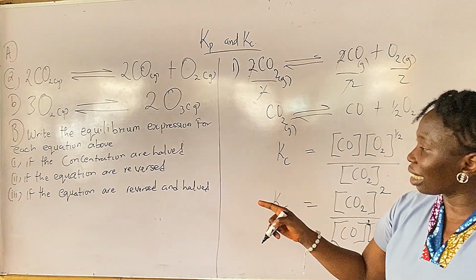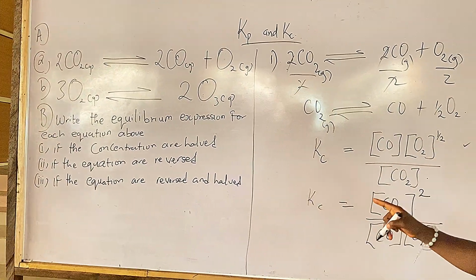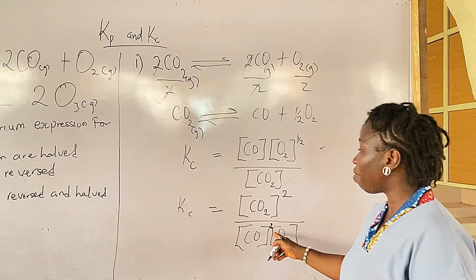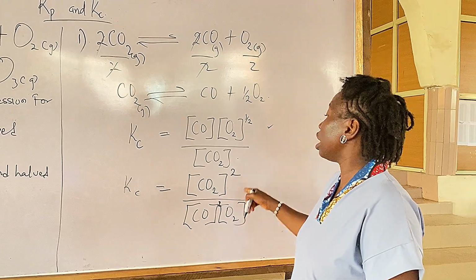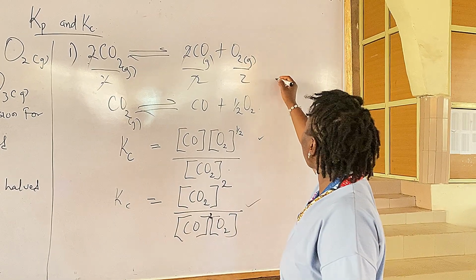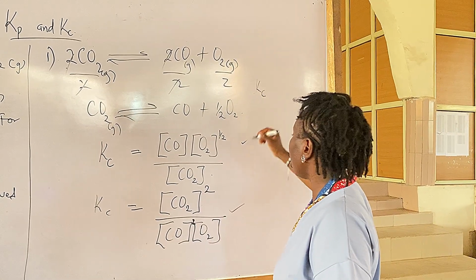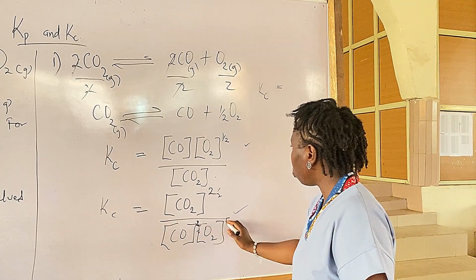Now, lastly, if the equations are reversed and halved, that means now we have reversed it. What will be the equation if it is half? If the equation is half, then Kc will be equal to just half of this.